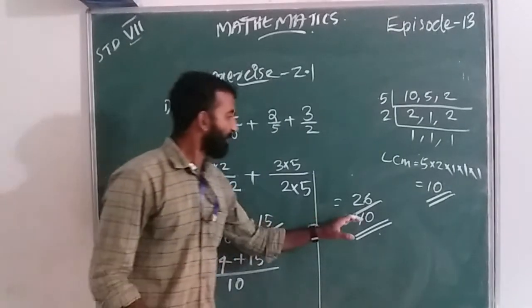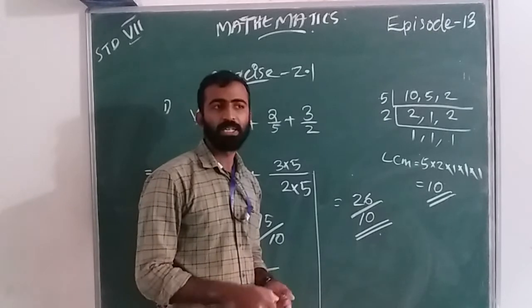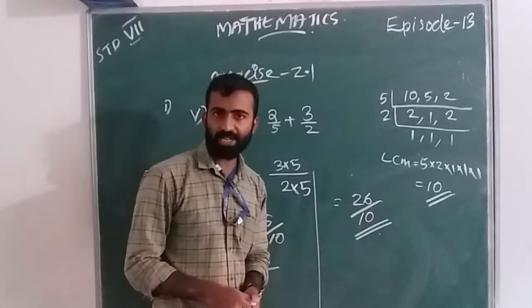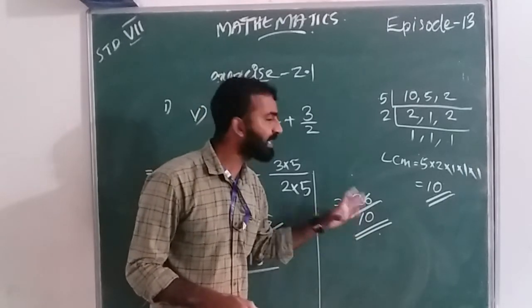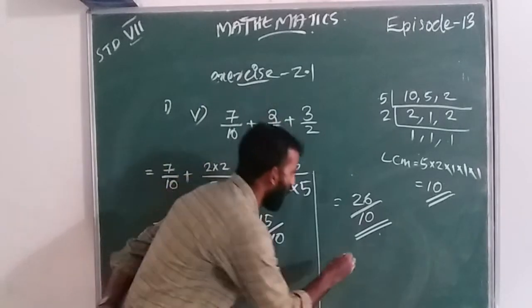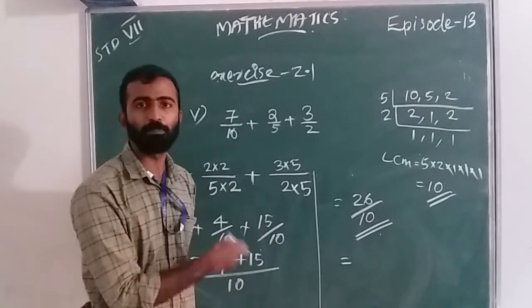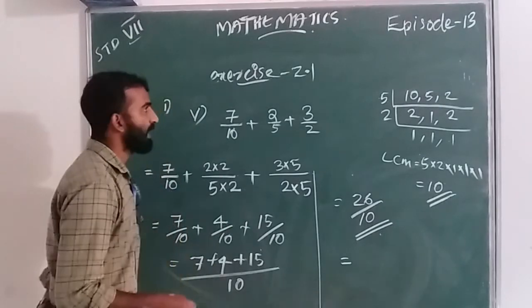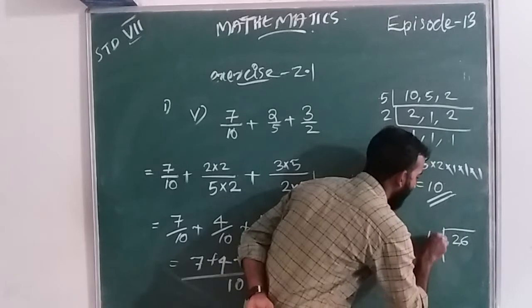Here, is it a proper fraction or an improper fraction? This is an improper fraction because the numerator is big and the denominator is small. So we want to convert the improper fraction into a mixed fraction. That is 26 divided by 10.